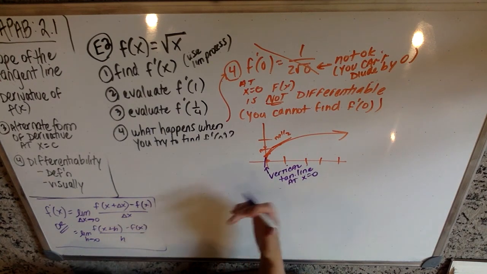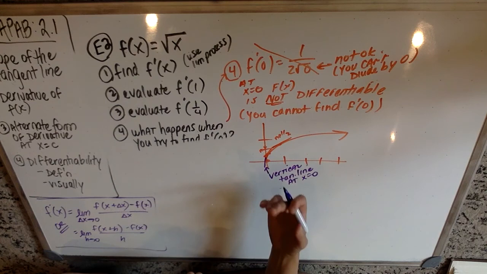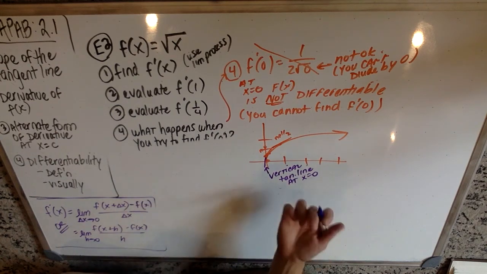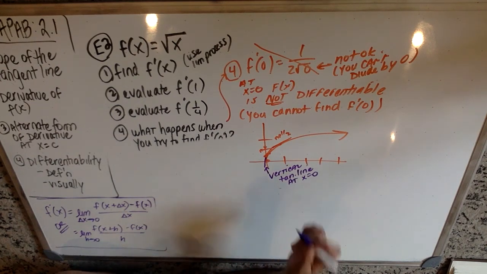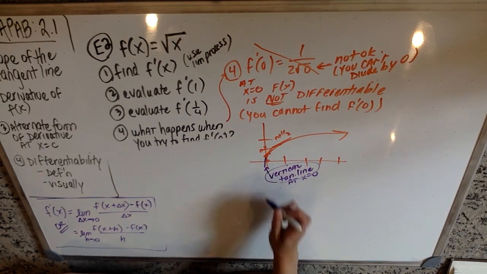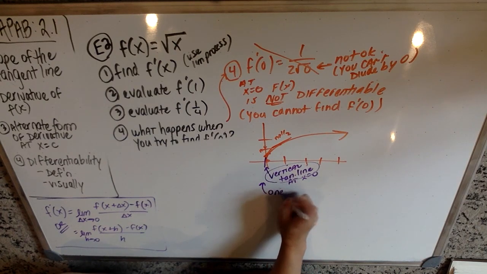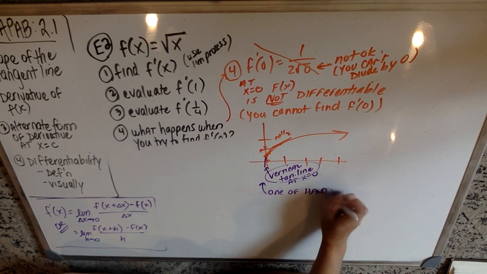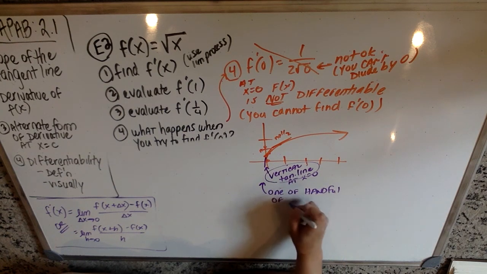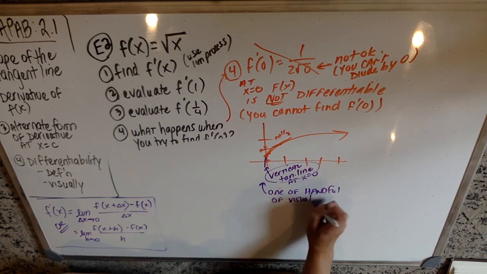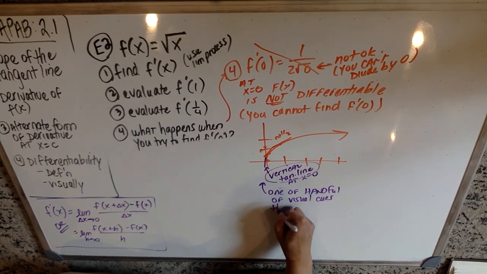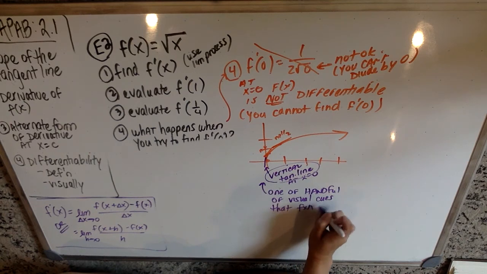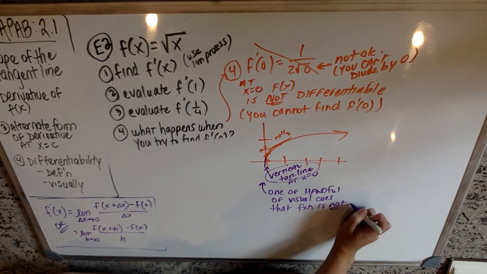So when we talk about what makes something not differentiable, we're going to talk about a handful of things, and one of them is a vertical tangent line. A vertical tangent line is one of a handful of visual cues that a function is not differentiable.